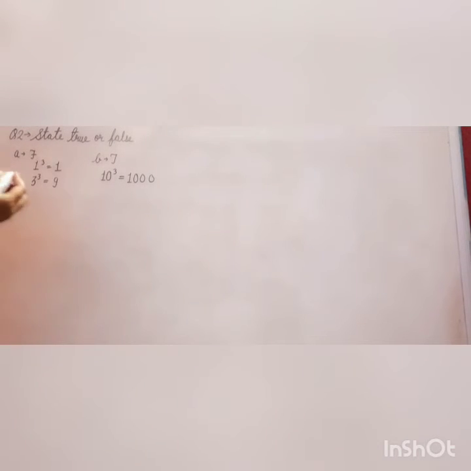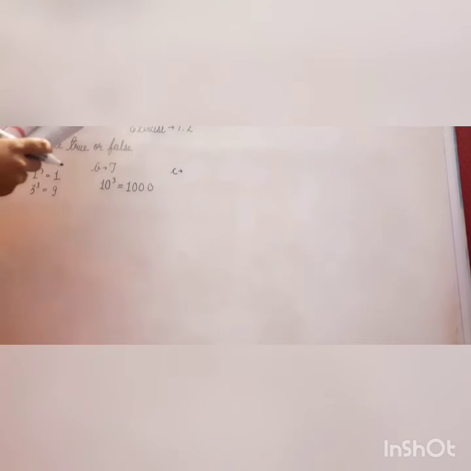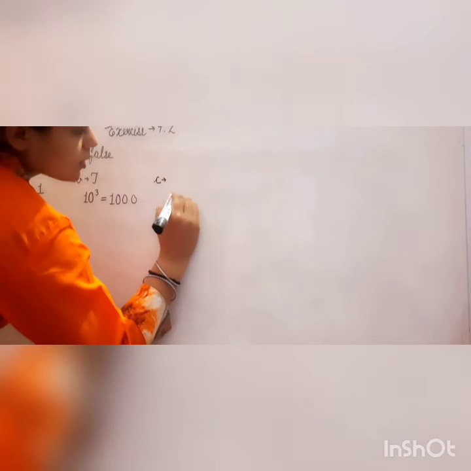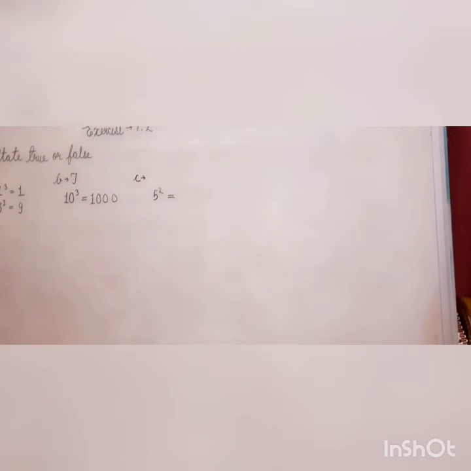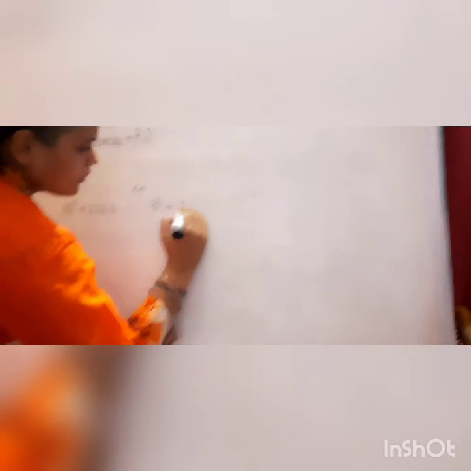Now your third part is: if a square of a number ends with 5, then its cube ends with 25. You can see that if we multiply 5 by itself 2 times, because in this question it is given square, then it will come 25.